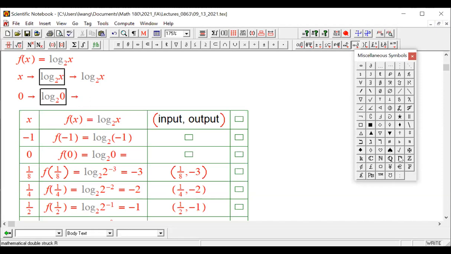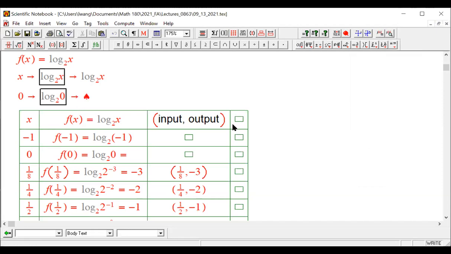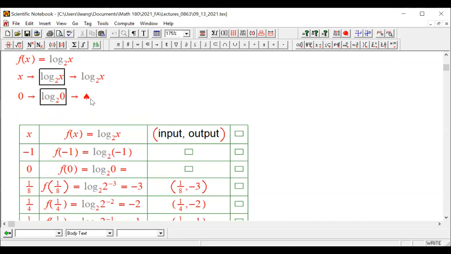I'm going to give it a very special name, spade, right? 2 to the power of the spade should equal 0. What is that spade? Have you found it?